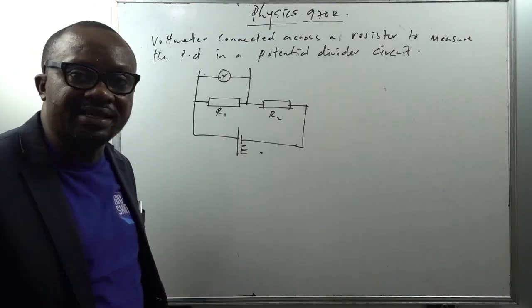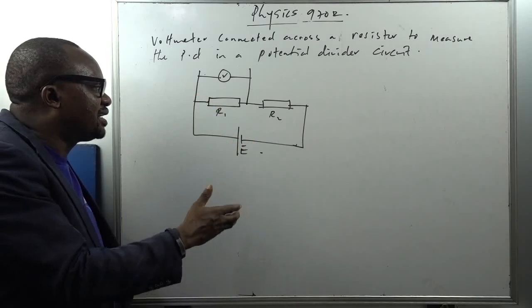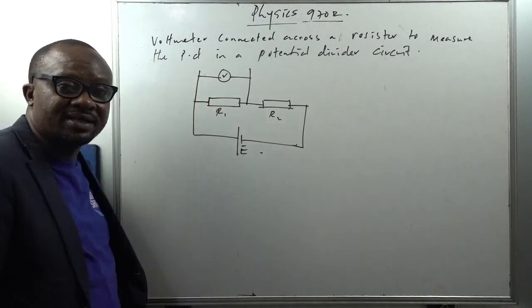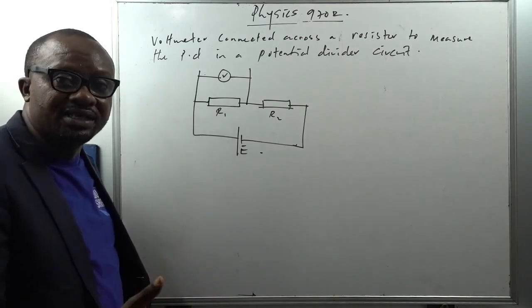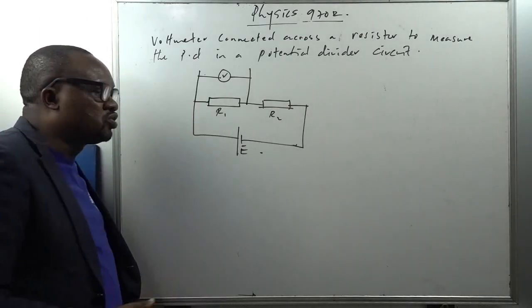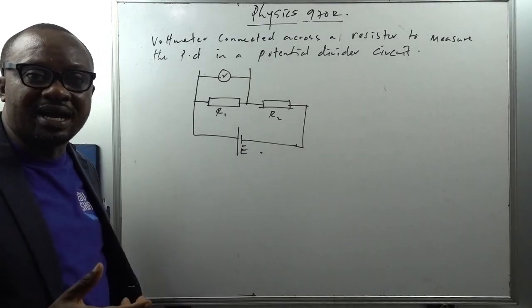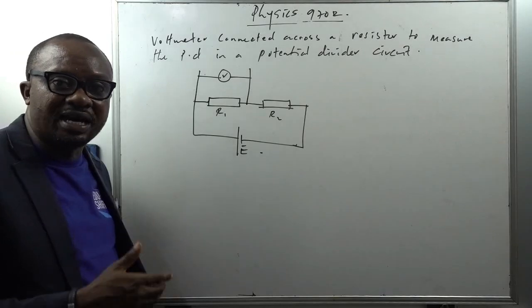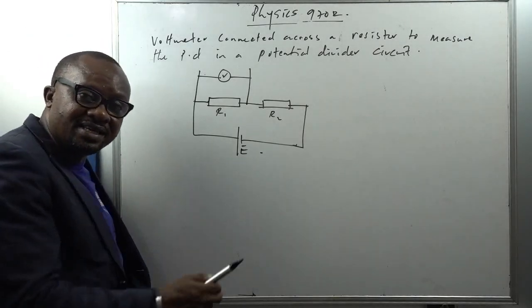In this case, it will appear as if the combined resistance across the voltmeter is R1. Therefore, the voltmeter reading should just be given as R1 over R1 plus R2 times E.